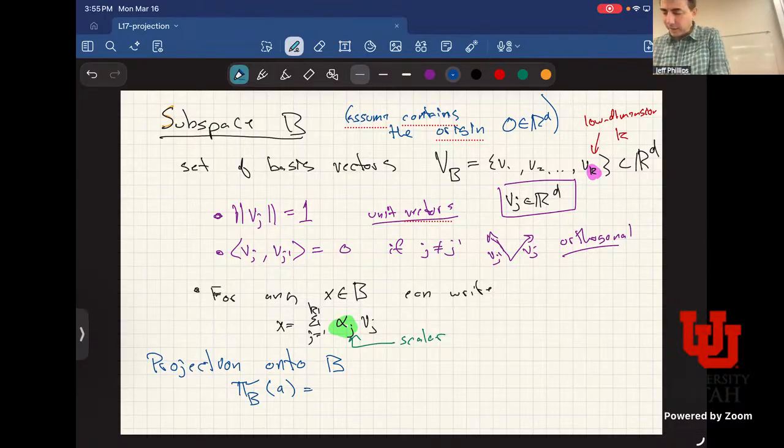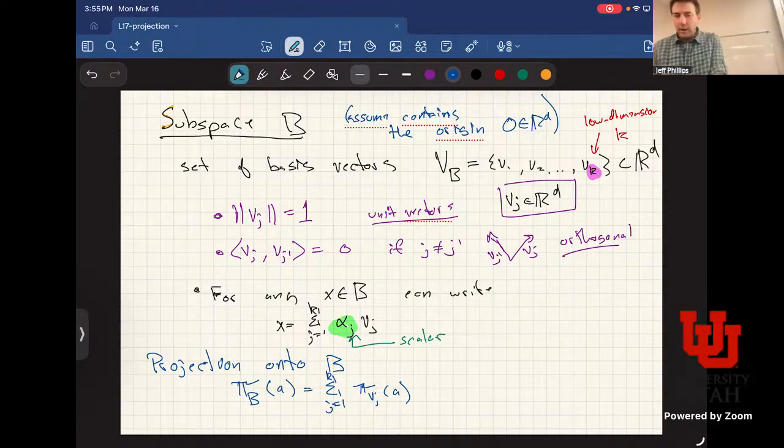I'll be able to write this as the sum of j equals 1 up to k of the projection onto Vj of A. So I can project onto each of the individual basis vectors and just add these vectors up. The output of this was a vector, and I can just do vector addition.